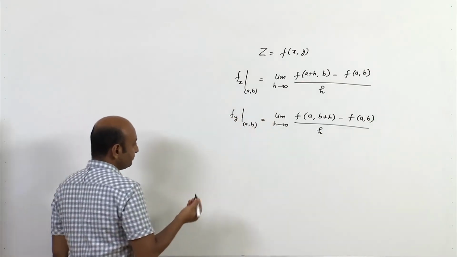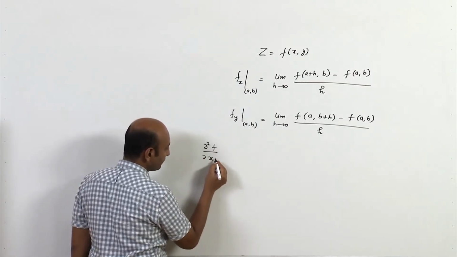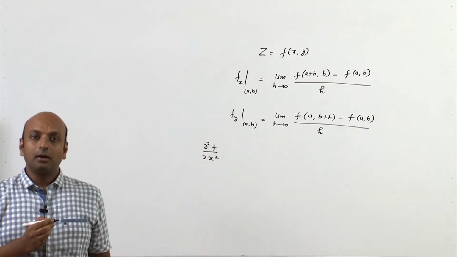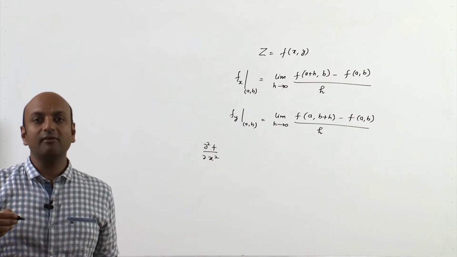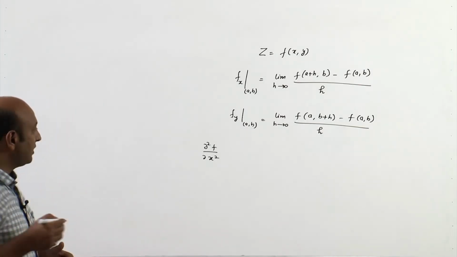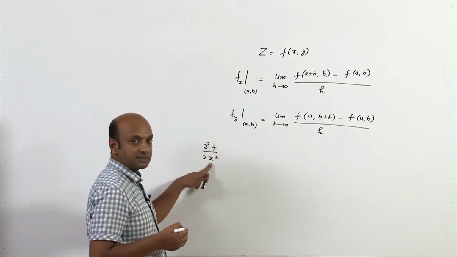Now suppose we define ∂²f/∂x². Similarly, we define the second order derivative for single variable functions, f''(x). Here we define the second order partial derivative of f with respect to x.